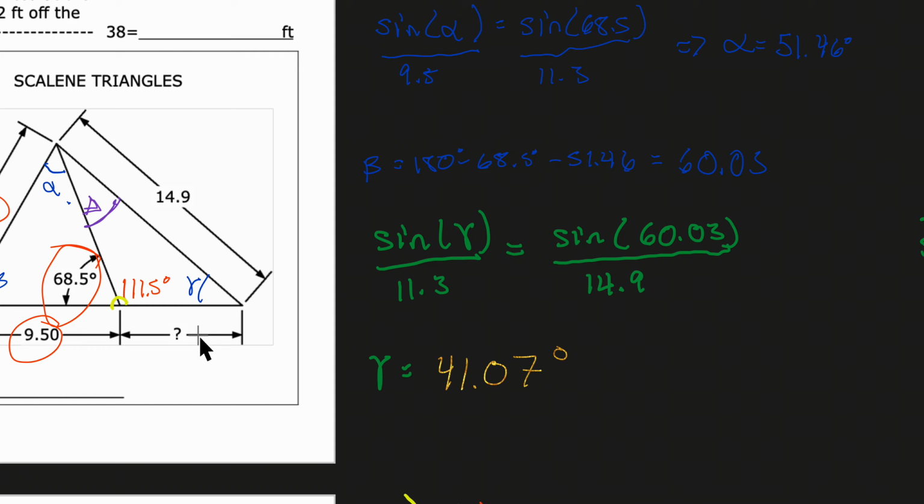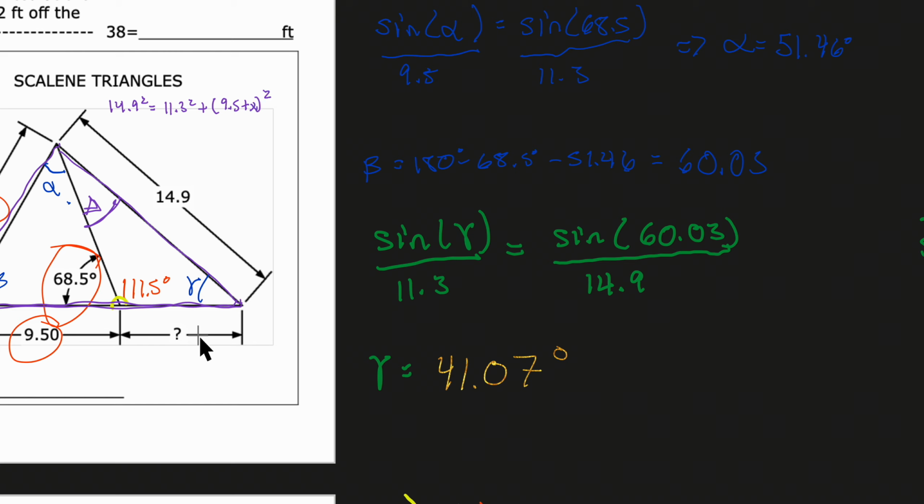Another way we could technically do this question is recognizing that once we have this angle here, beta, we have this side, part of this side, and this side. And then we can do another law of cosines. And so I would say law of cosines, 14.9 squared is going to equal 11.3 squared plus this other side down here, which I'm going to write parenthetically as 9.5 plus x, quantity squared.